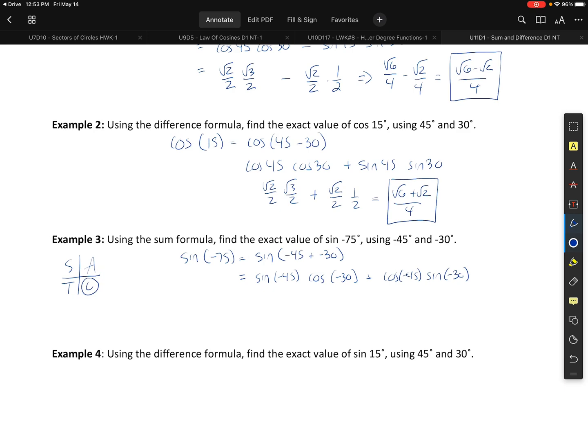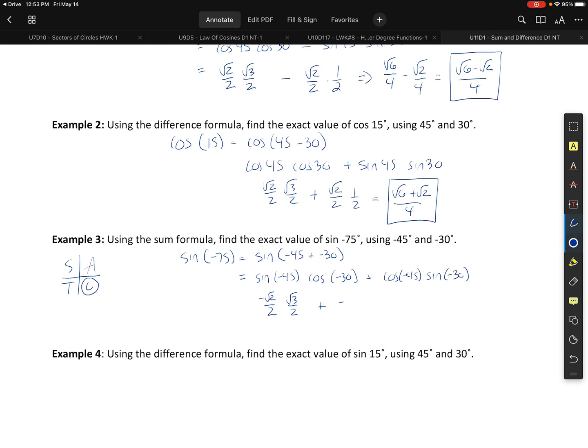So key thing here, ASTC, those negative angles put us in the fourth quadrant. So sine of negative 45 is not rad 2 over 2, now it's negative rad 2 over 2. While cos of negative 30 is positive rad 3 over 2 still. Plus, I got another negative here. Oh, my bad, nope.